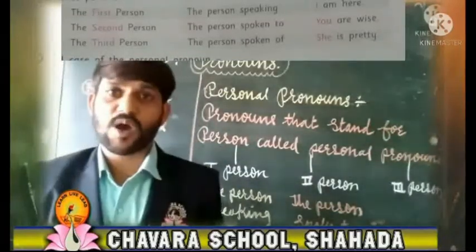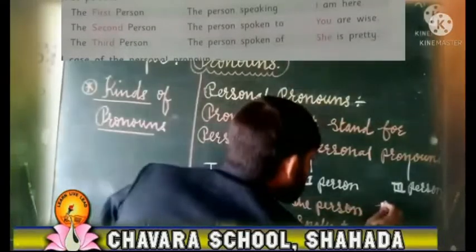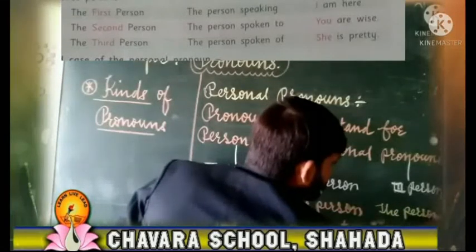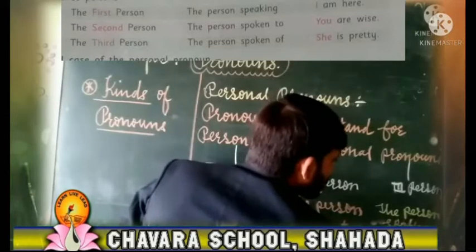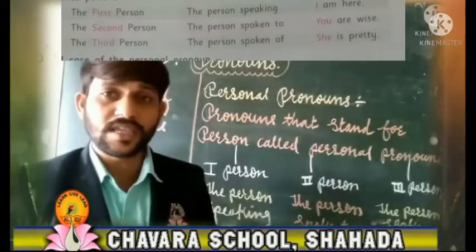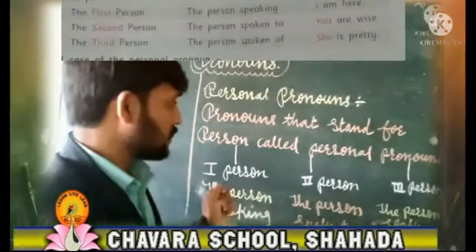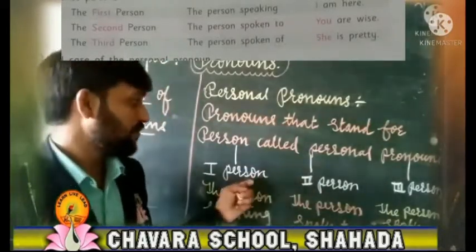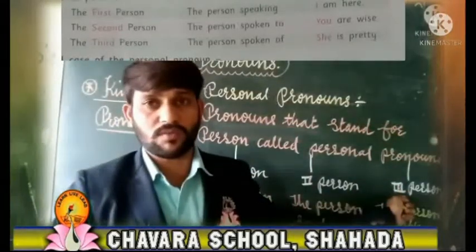Third person pronouns mean the person spoken of. That means he, she, it, etc. So in this way we have the three kinds of personal pronouns: first person pronoun, second person pronoun and third person pronoun.